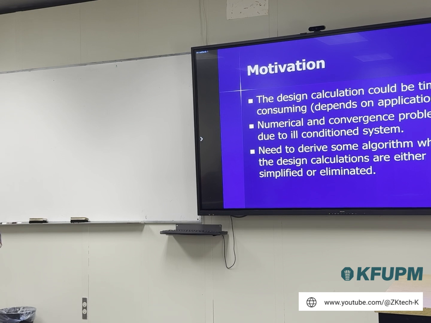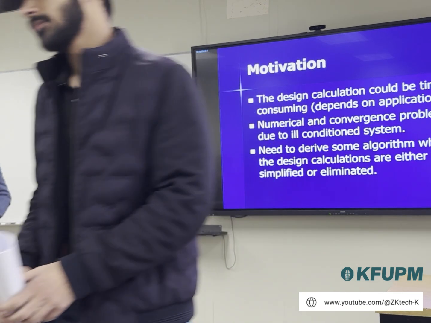So basically what we are saying is that since this identification, this calculation can be time-consuming and a little bit sensitive to B and A, let's try to identify the value of the controllers directly from the identification rather than doing the calculation of the system.